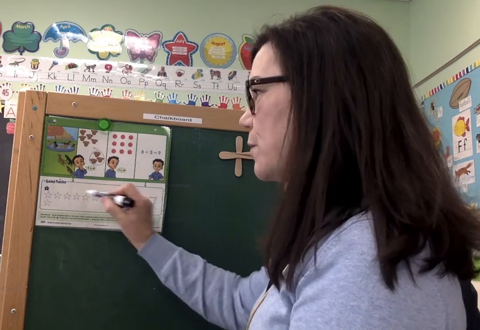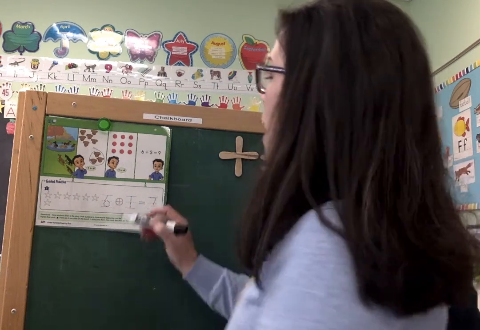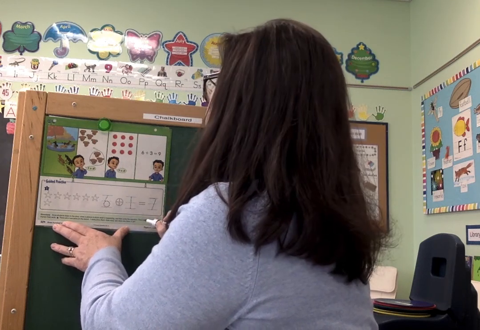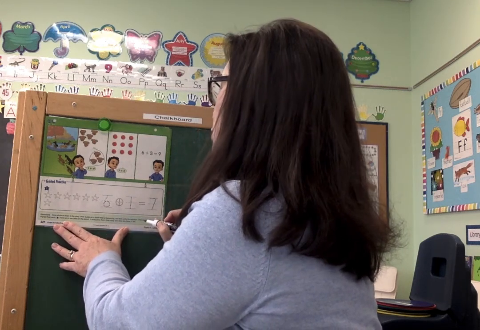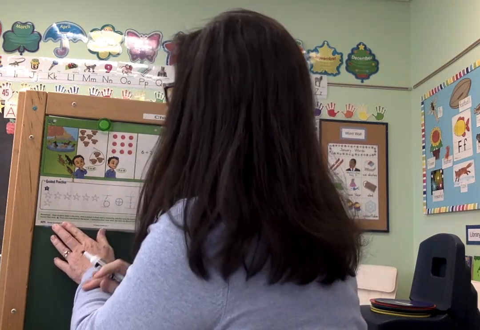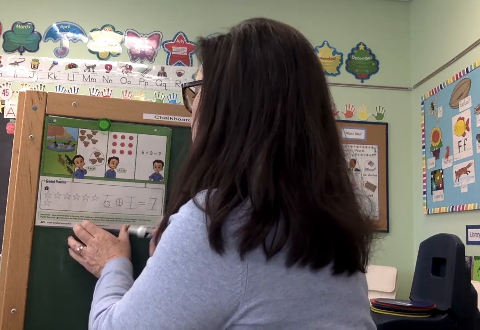So we're not actually going to be drawing the objects today, we're going to use counters throughout instead. So at the beginning of this one, number 1, it says there are 6 sea stars on the beach. So they've got 6 sea stars right there they've already drawn. 1 more joins it. How many sea stars are there in all?